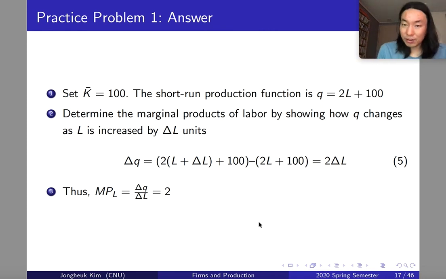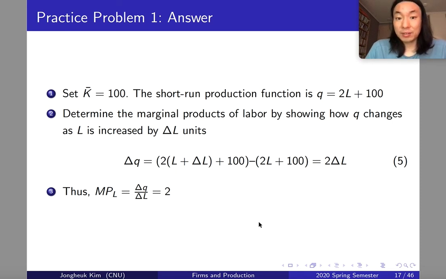To calculate the change of the total product, you take the new total product after changing and subtract the total product before changing from it. The middle section of equation number 5 is doing that process.